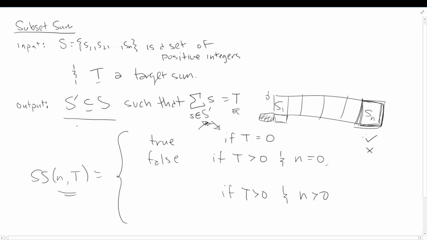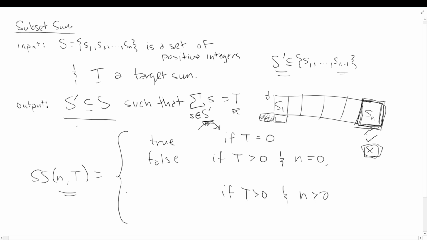Now, at least with some of the problems I've explored, the not case is sometimes a little bit easier. So let's think about the not case. If S of n is not in S prime, then S prime must be a subset of S1 up to Sn minus 1, because by assumption Sn is not there. So it must be a subset of the first n minus 1.